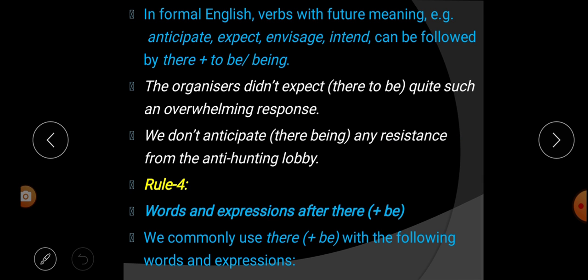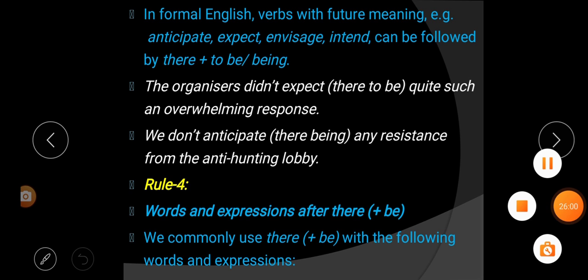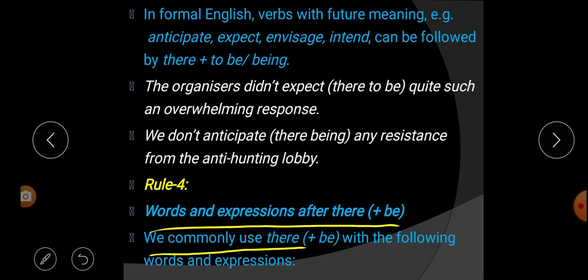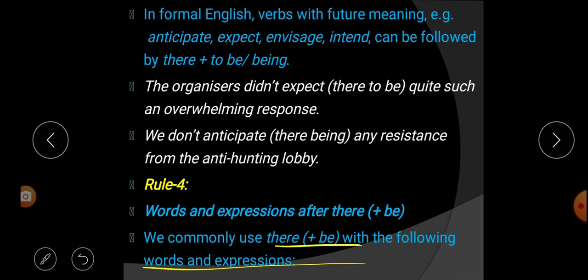Next is rule number 4, or the last rule. Words and expressions after there plus be. We commonly use there plus be with the following words and expressions.